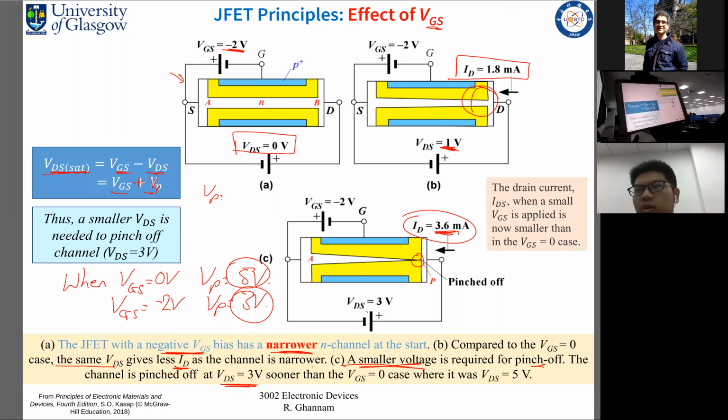Yes, this one: VDS saturation equals VGS minus. It should be VGD.